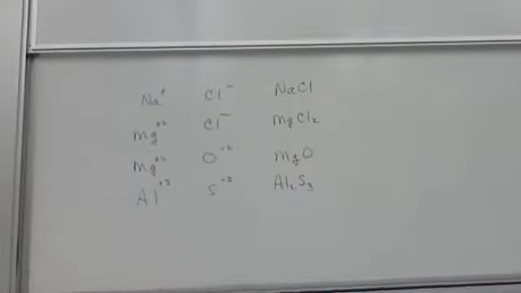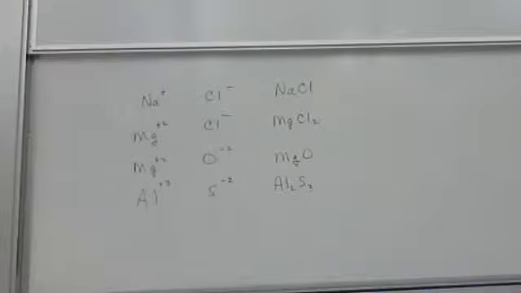All right. So what we're looking for is electrical neutrality, trying to balance those charges. If we do that, then we have a correct formula for a chemical compound, and that's important for us. Now, when these substances make ionic compounds, they attract each other in all directions.